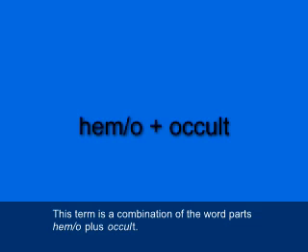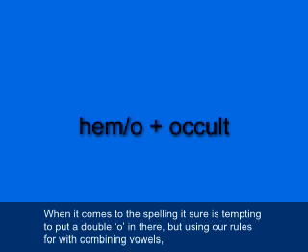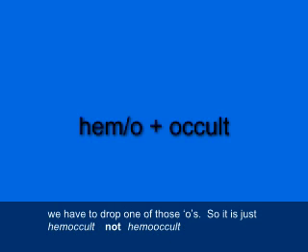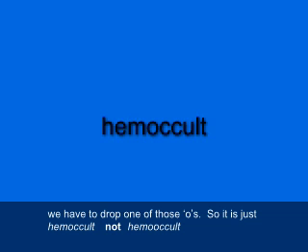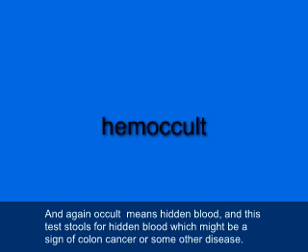When it comes to the spelling, it sure is tempting to put a double O in there, but using our rules for combining vowels, we have to drop one of those O's, so it's just hemoccult, with a single O. And again, occult means hidden. This test tests stools for hidden blood, which might be a sign of colon cancer or some other disease.